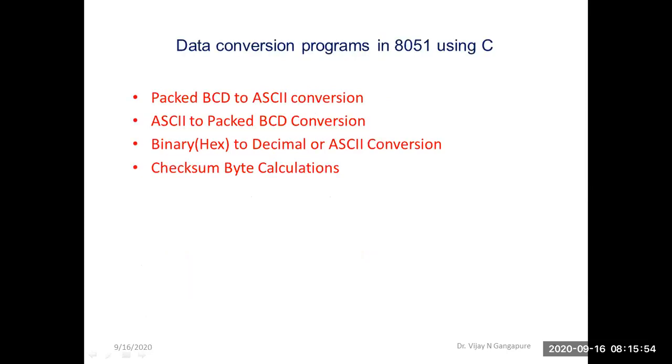Under this we will study how to convert packed BCD number to ASCII, how to convert ASCII to packed BCD, how to convert binary to decimal or ASCII, and in the last we will study what a checksum byte is, how to calculate it, and what its application is.